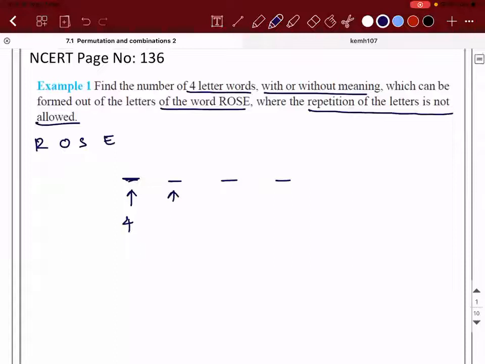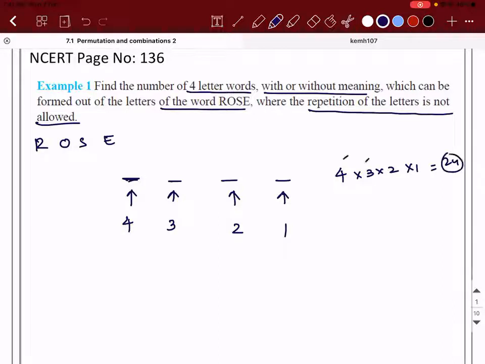If repetition is not allowed, how many ways can the second blank space be filled? 3 ways. The third one can be filled in 2 ways, and the last one will have only one option left. So according to the fundamental principle of counting, how many ways can you complete this? 4 into 3 into 2 into 1, which is equal to 24.